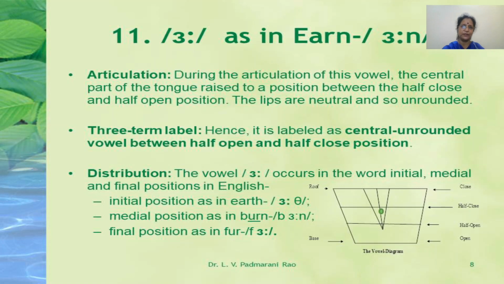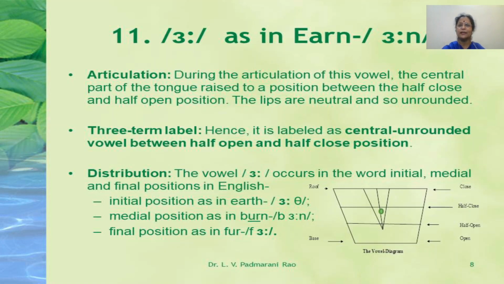The lips are unrounded and hence, as in earn, it has got the three-term label: central unrounded vowel between half open and half closed position. It's a longer one, pronounced for a longer length of time.